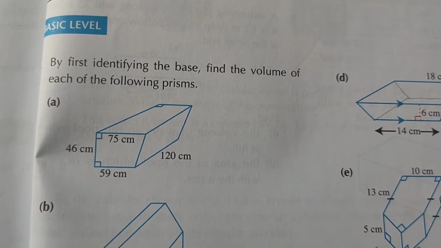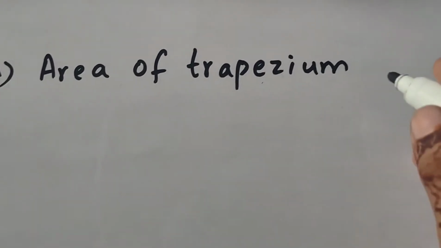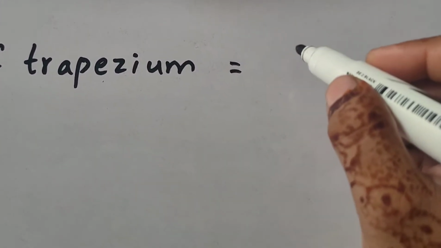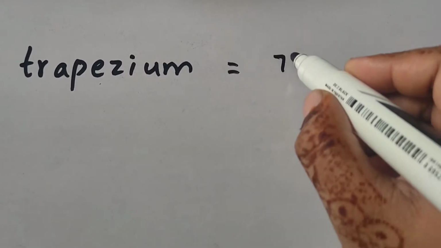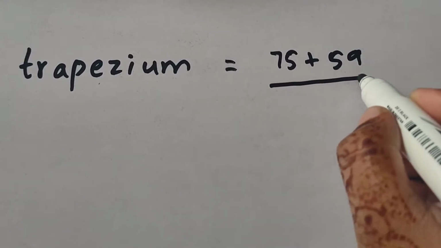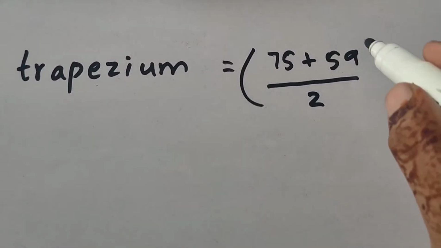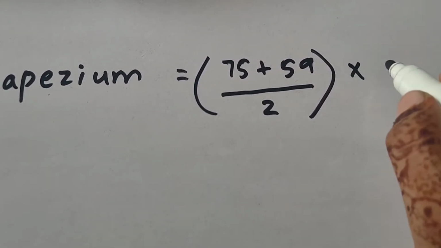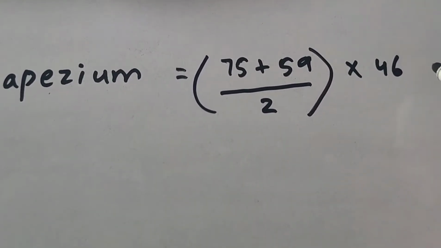So first we'll calculate the area of the trapezium, which is the sum of the parallel sides, that is 75 plus 59, and we'll divide it by 2, and after this we'll simply multiply it with the height, which is 46 centimeter, right?